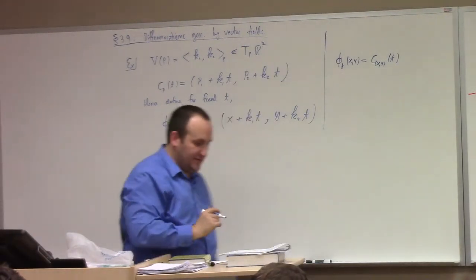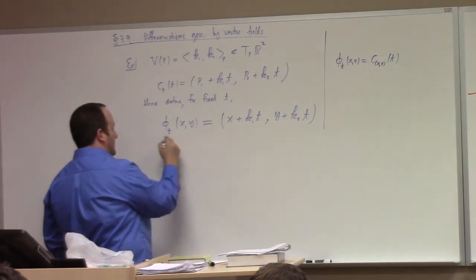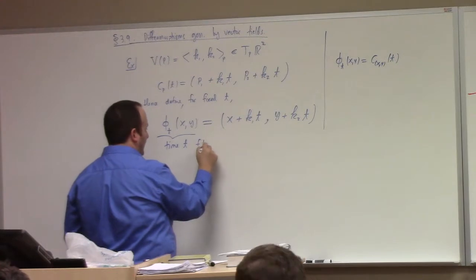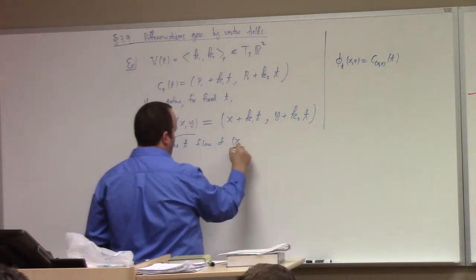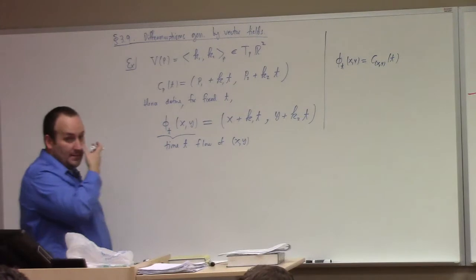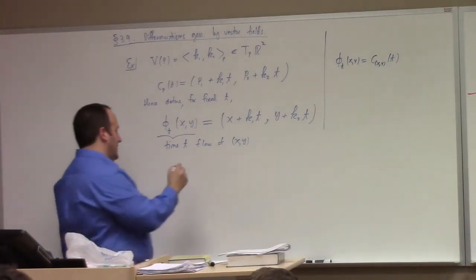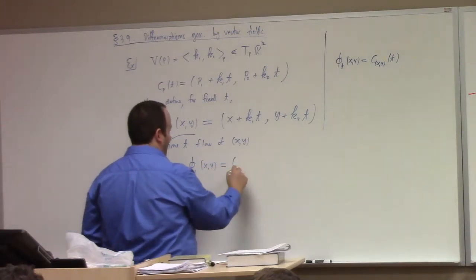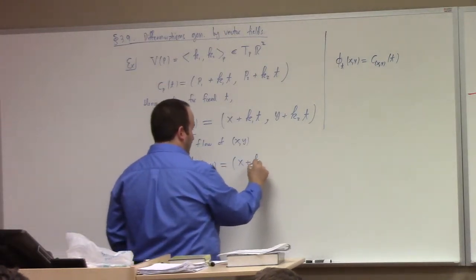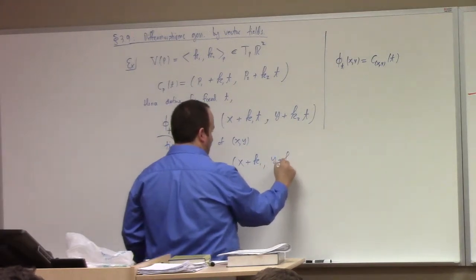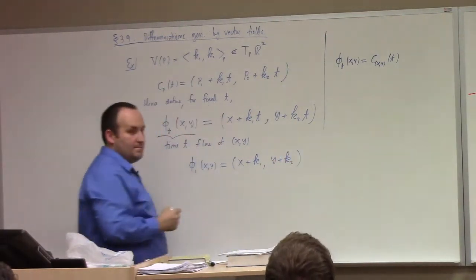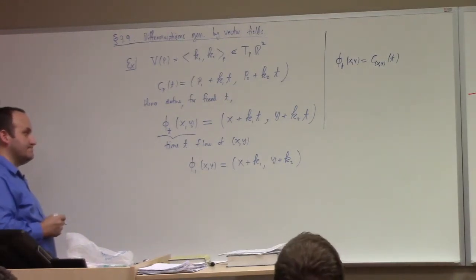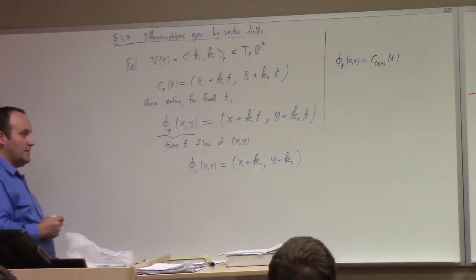So this is the so-called time t flow of x comma y. Like if I look at phi 1 of x y, what does that give me? x plus k1, y plus k2. You could picture this.